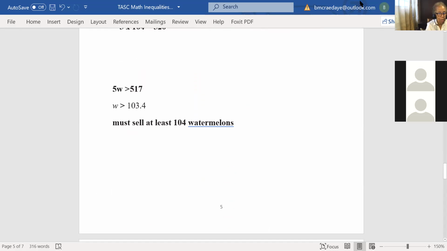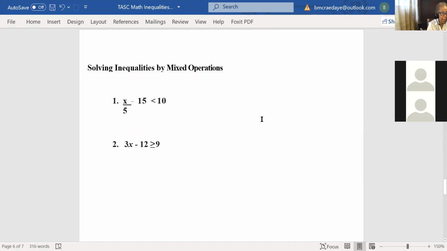What do you do if you have mixed operations? We had a problem on the quiz like that, where you have division and subtraction. Here you have multiplication and subtracting.